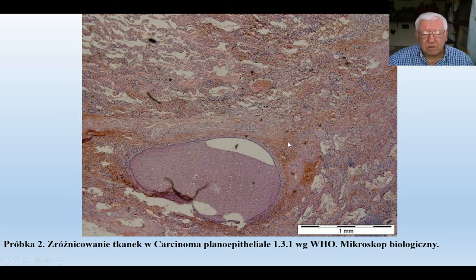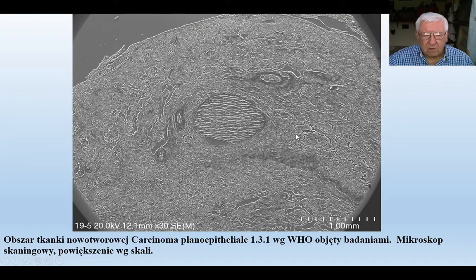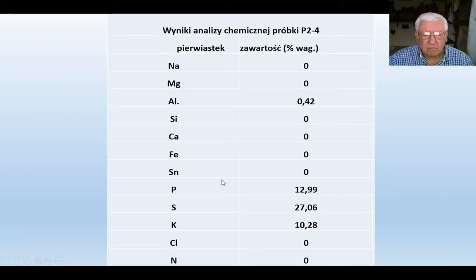Next example of the microscopic, histological picture, showing differentiation of the cancer tissue, how they are differentiated. And there are pictures made using scanning microscopy, and places where we did examination at many places of the same sample.